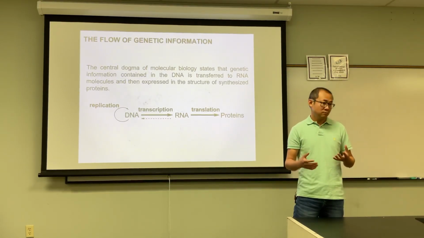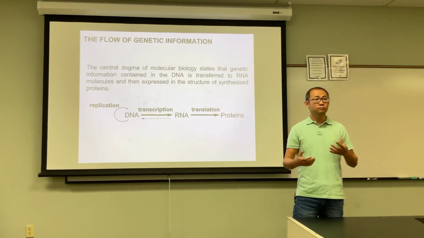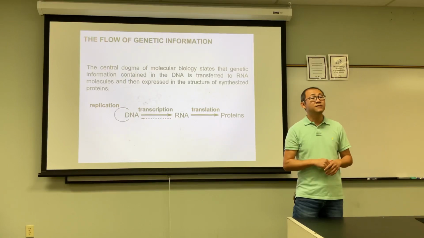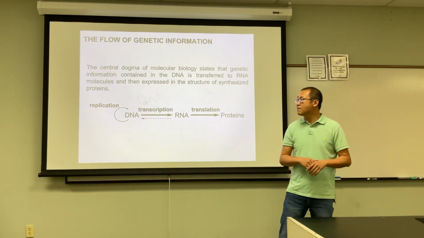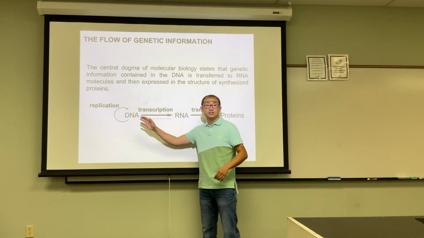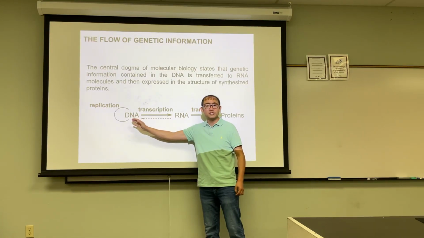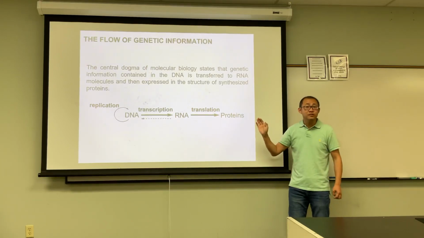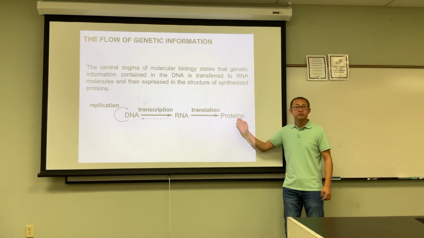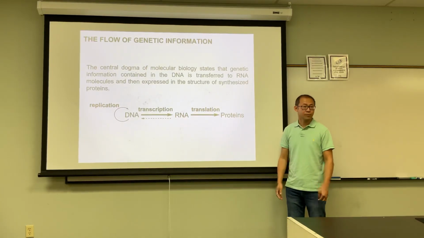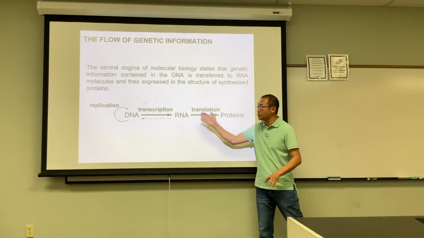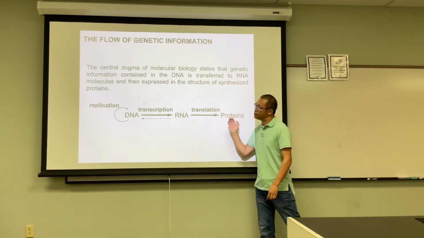Our skin, muscle, hair, eye color, everything is expressed in the form of protein. So the genetic information in DNA will eventually have to become what? The form of protein. So that's the transfer of information.